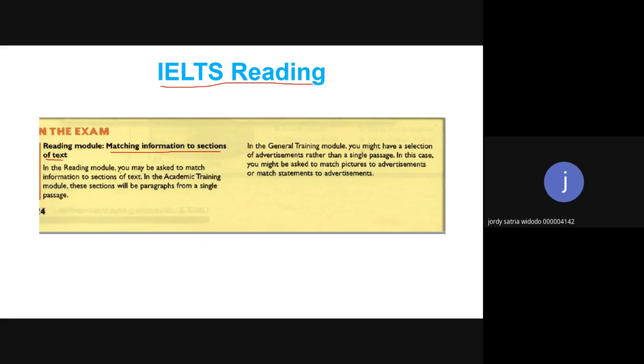In the reading module, you may be asked to match. This is the keyword: to match information to sections of the text. In the academic training module, these sections will be paragraphs from a single passage. So later you will be provided a single passage and then you need to match the sentence.